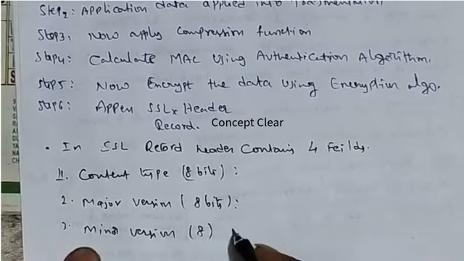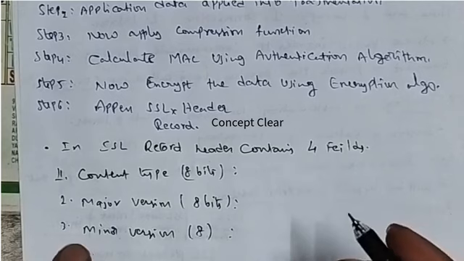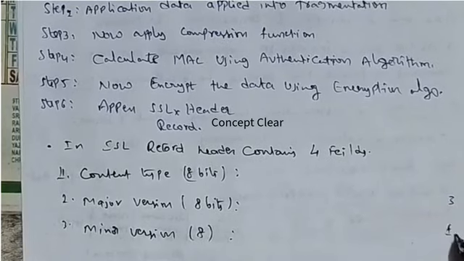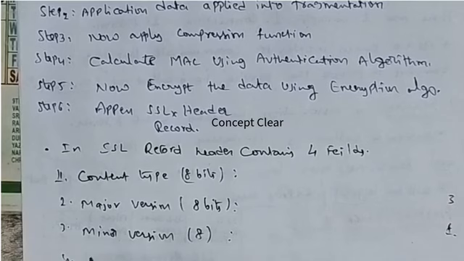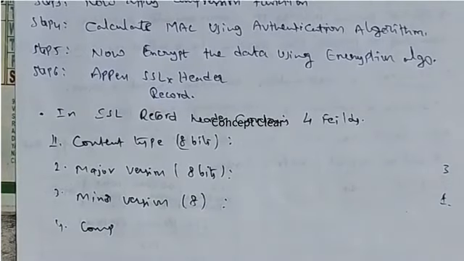It is also 8 bits. It indicates which minor version we are using. Here the major version is 3, minor version is 1, and the fourth one is compressed length. What does compressed length mean? The total length in bytes of the plain text fragment.